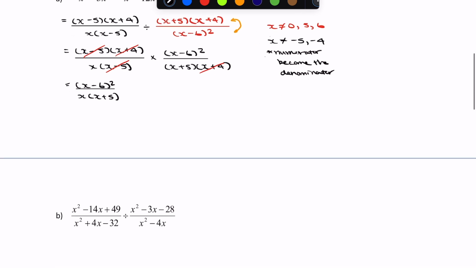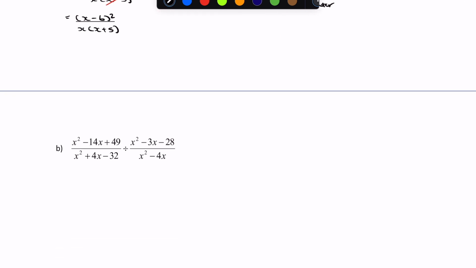Okay, so let's look at this next example. We have x squared minus 14x plus 49 over x squared plus 4x minus 32 divided by x squared minus 3x minus 28 over x squared minus 4x.